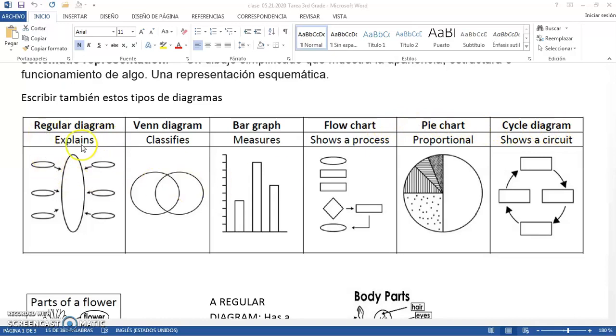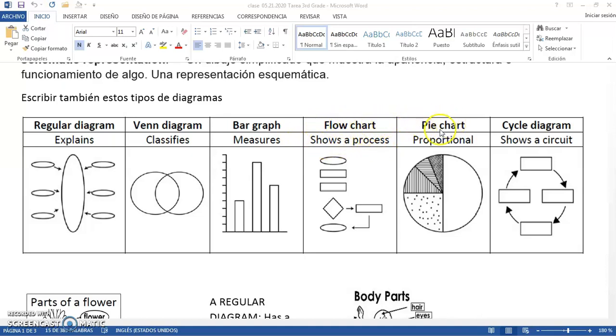The regular diagram is used to explain things. The Venn diagram is used to classify. The bar graph measures. A flow chart shows a process.